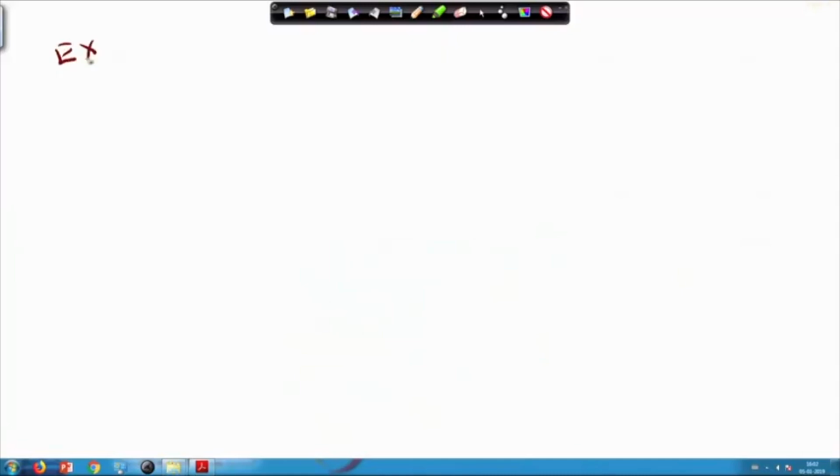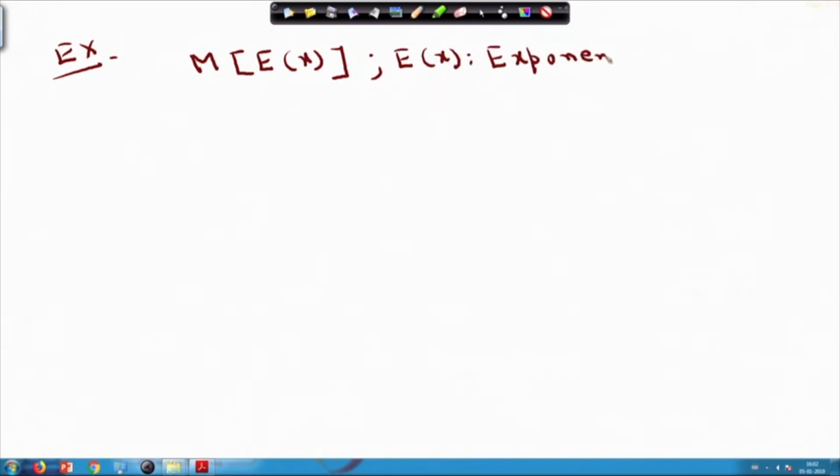The next example is to find the Mellin transform of E of x, where E of x is the exponential integral function. This kind of function appears very frequently, and for that reason we are trying to find its Mellin transform.